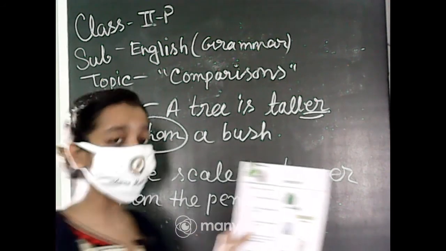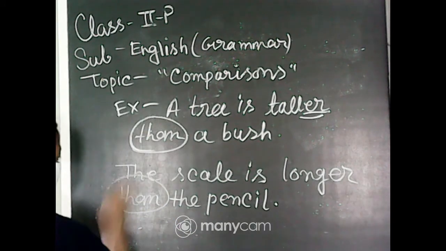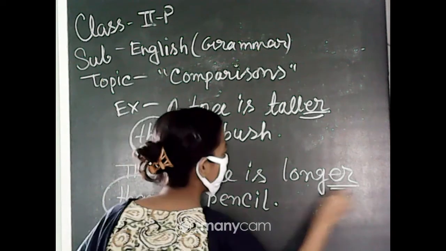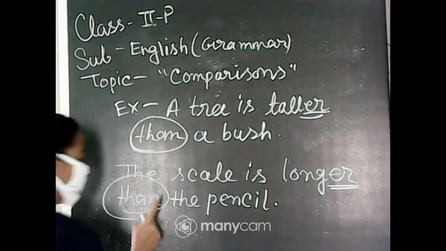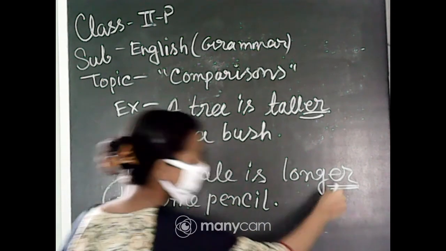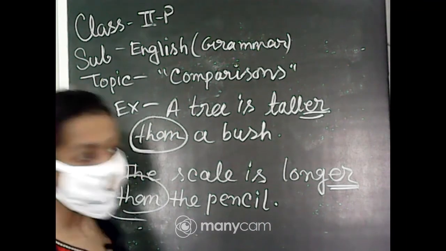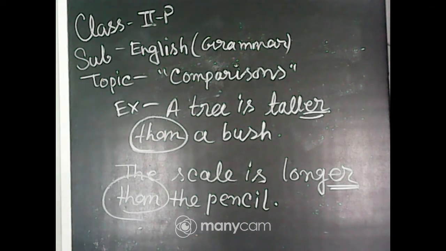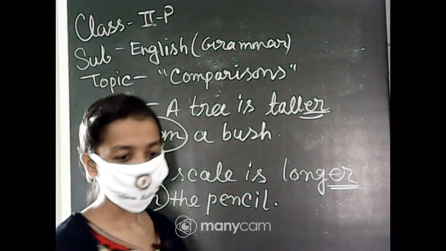Here also we are comparing between two things, and in the same way we have added than and er to the word long. Clear? That's how we can make comparison between two things.